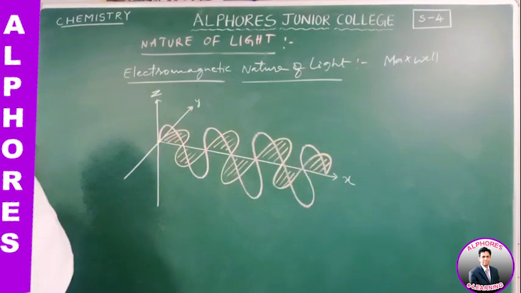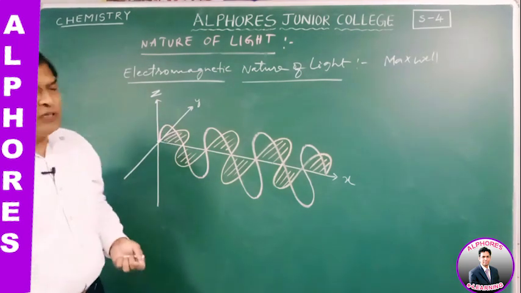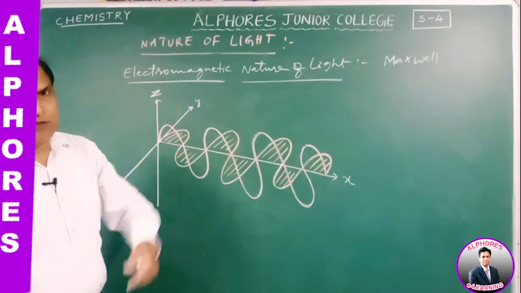The second one is the magnetic field component wave, which is perpendicular to this. These two are perpendicular to each other, propagating in the direction of the light.